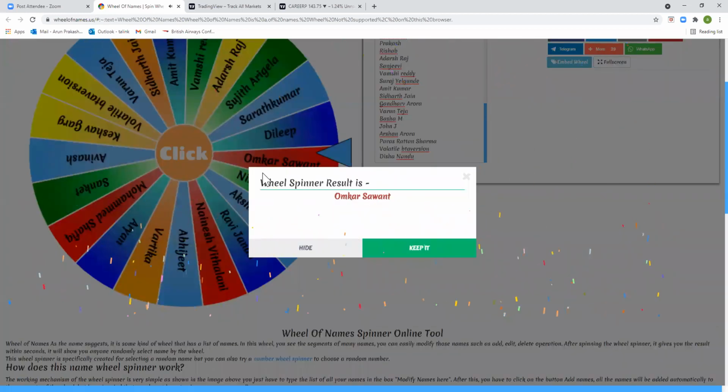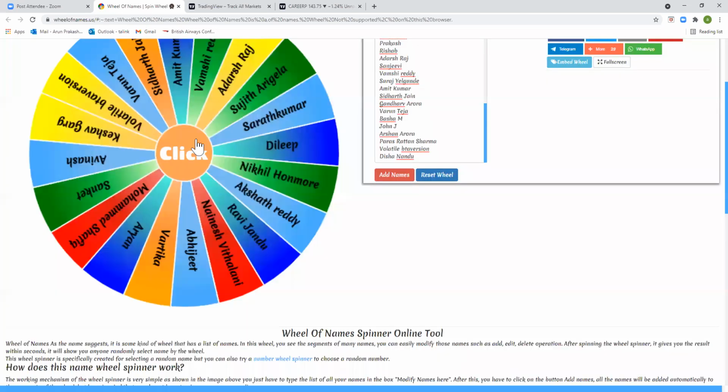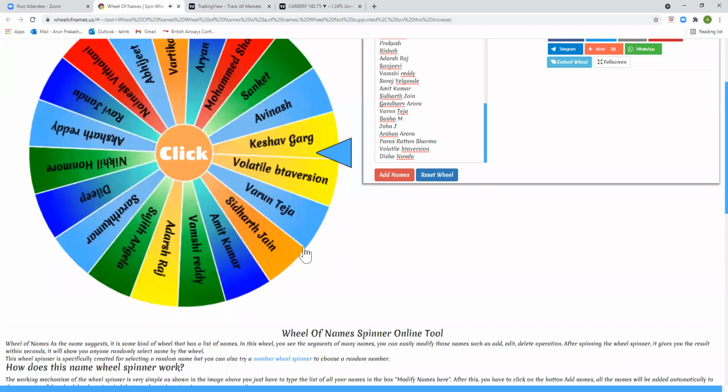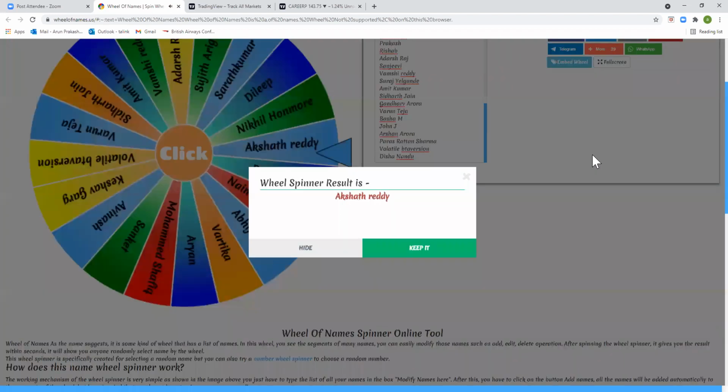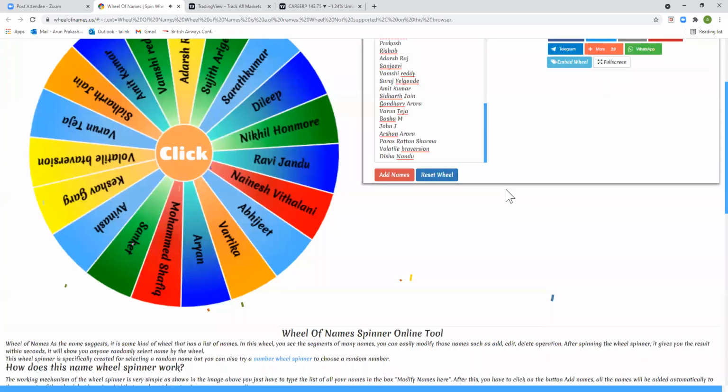I don't think he is also here. Akshat Reddy. Okay, so I don't think it's working now. So if someone hasn't spoken, you can just unmute and speak one by one.